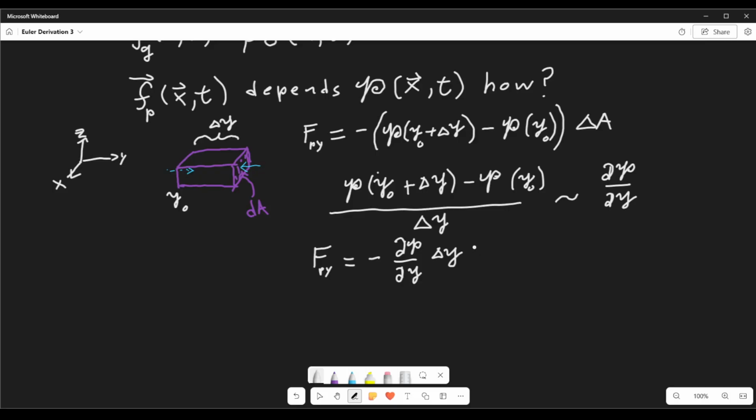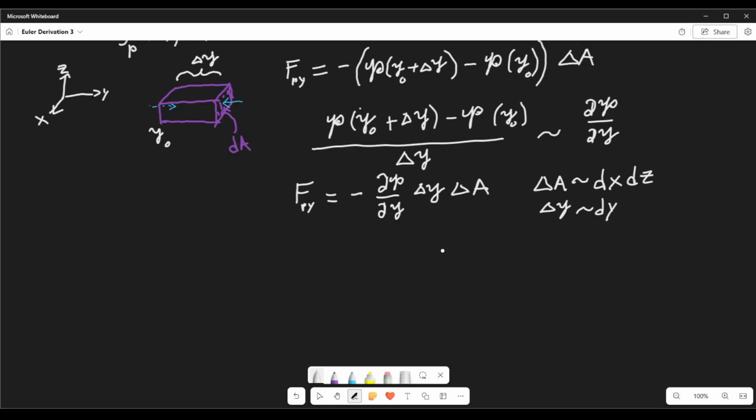Delta y and then delta area. And delta area goes like dx and dz, and delta y goes like dy.